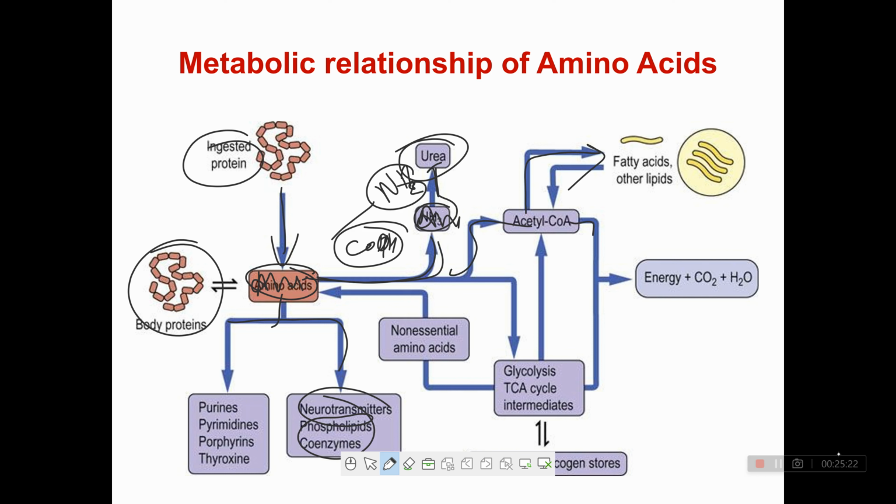And where does this acetyl coenzyme A go? This acetyl coenzyme A goes into the TCA cycle, right? And during the TCA cycle, energy will be released, right? And from amino acids, glycolysis, TCA cycle and other processes will take place. So all these are correlated with each other.